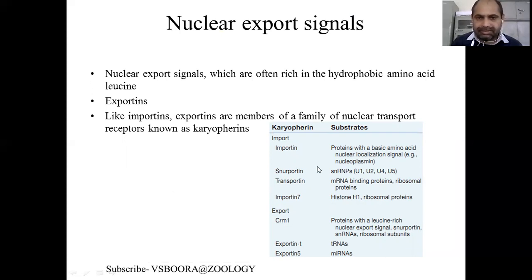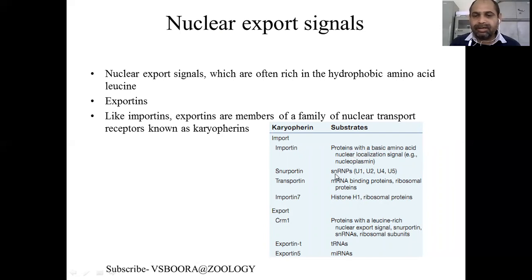Now, this is the list of important karyopherin protein molecules which may import or export the substrate molecule. Importin alpha recognizes the basic amino acid nuclear localization signal, as in nucleoplasmin, rich in basic amino acids.